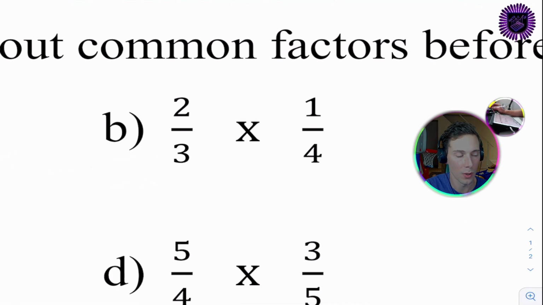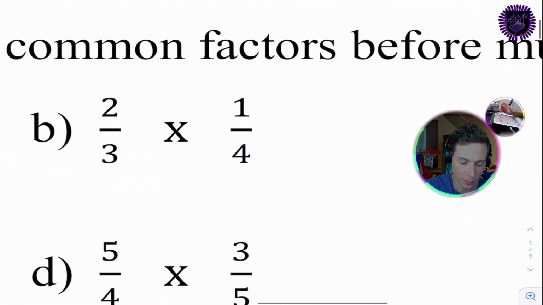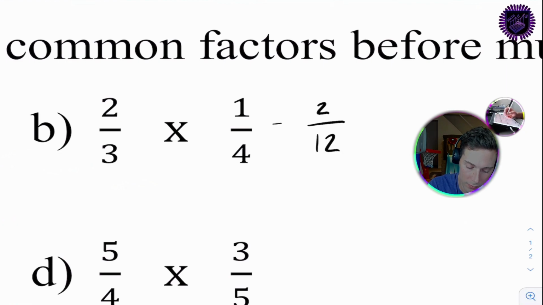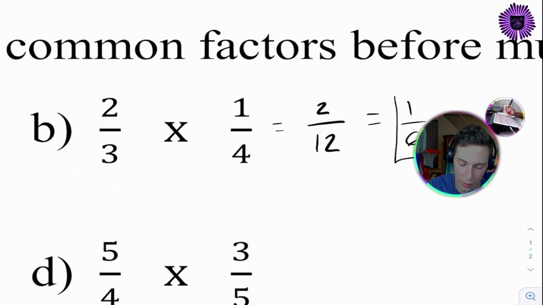So let's look at 1B. So now again, we can multiply across and get 2/12, which will equal 1/6. But we can actually jump right to 1/6 if we cancel this out, and this becomes 2 and 1.